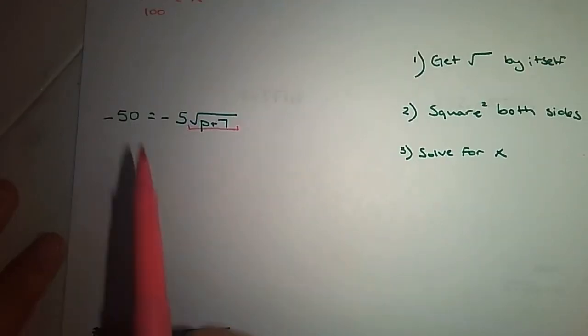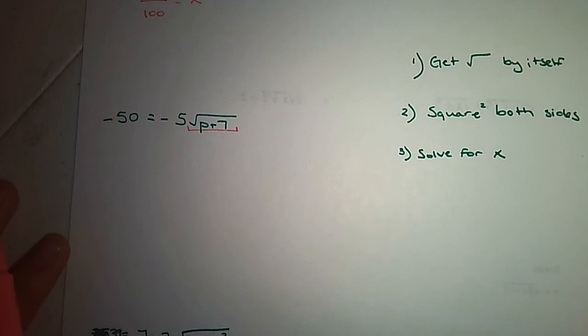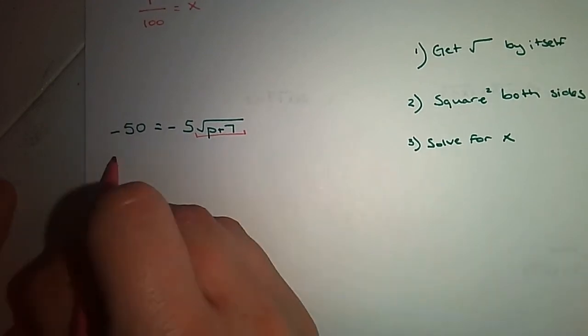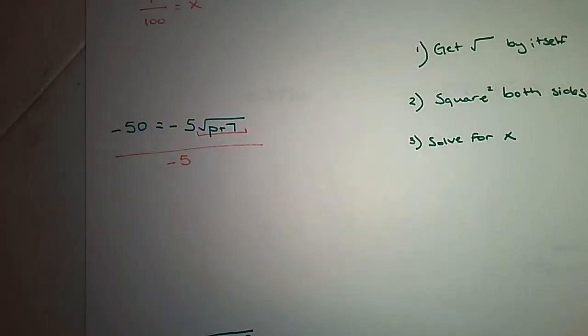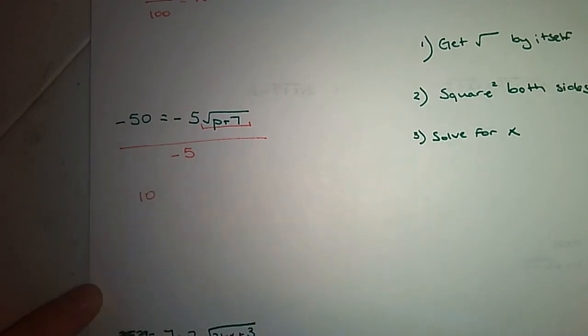Right now we are multiplying the negative 5 times the square root. So in order to undo multiplication, we do division. So I'm going to divide both sides by negative 5. Over here, negative 50 divided by negative 5 is going to give us a positive 10.